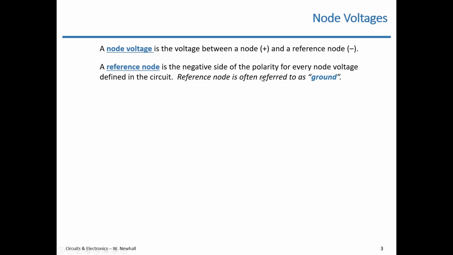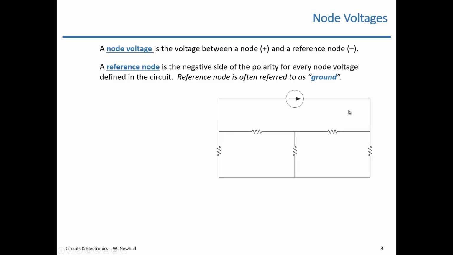And we often have a more familiar term, I'm sure you've heard, that is a synonym for reference node. We're going to call that ground. Okay. Let me show this using an example circuit. So I have this circuit. I have resistors. I have a current source.